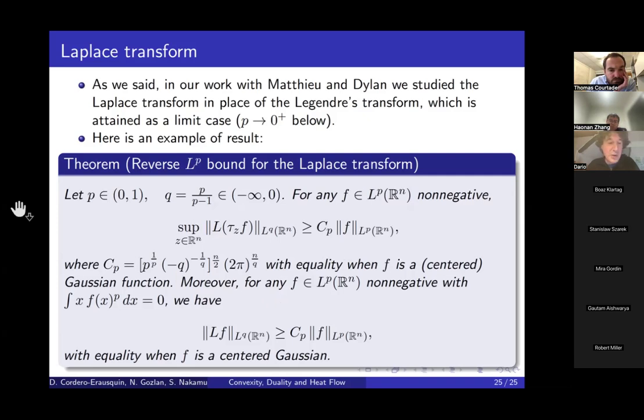This is a sharp inequality, and there is equality for Gaussian functions. And you can remove this supremum if you assume, for instance, that f to the power p has barycenter at 0. Then you have this inequality for any non-negative function.